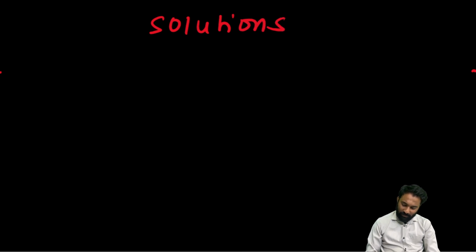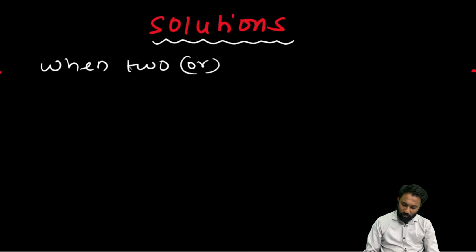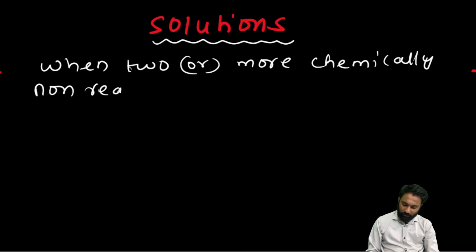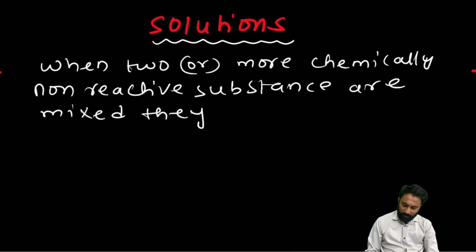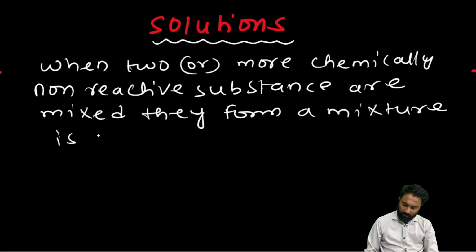Okay, now here what is the basic definition of a solution? A solution is when two or more chemically non-reactive substances are mixed, they form a mixture, which is called a solution.